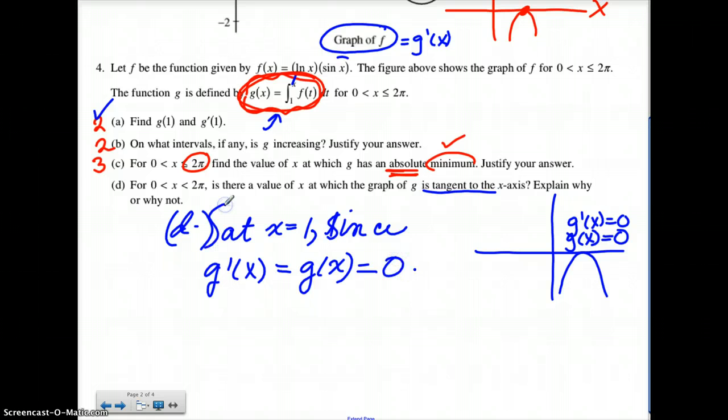That's a very good reason for why I have a tangent to the x-axis there. I've got a derivative equal to 0, and I've got the value equals 0. And the only way that can happen is if I nick it. And it means that that provides me a tangent to the x-axis.